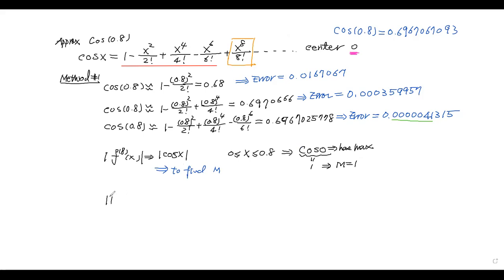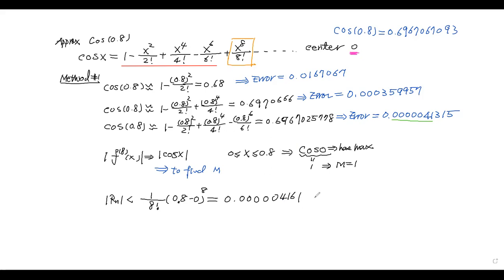So the error R_n is going to be less than M, which is 1, over 8 factorial, then x minus a, and my center is 0, so 0.8 minus 0 to the 8th power. If you put these in, you will find this is 0.0000504161.